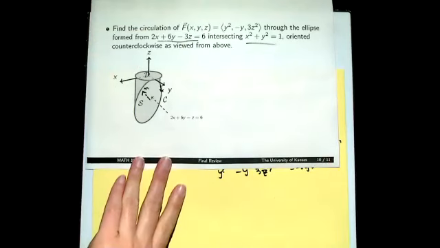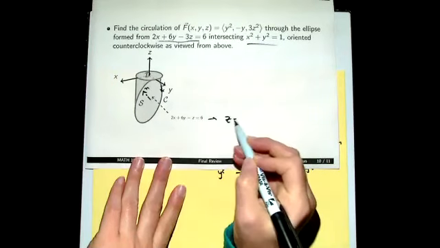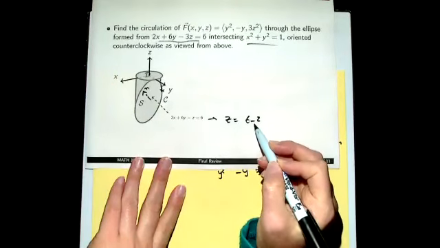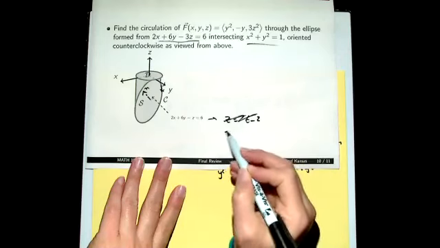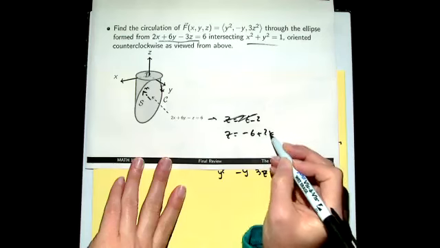What I like better is that here I solve for z. Z equals -6 plus 2x plus 6y.